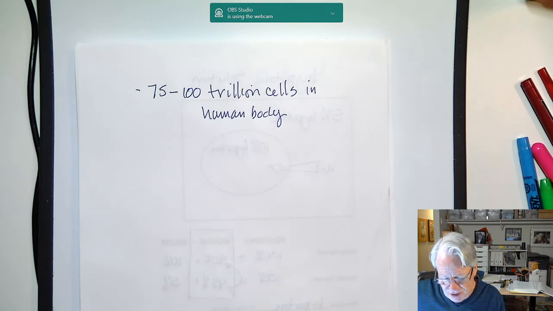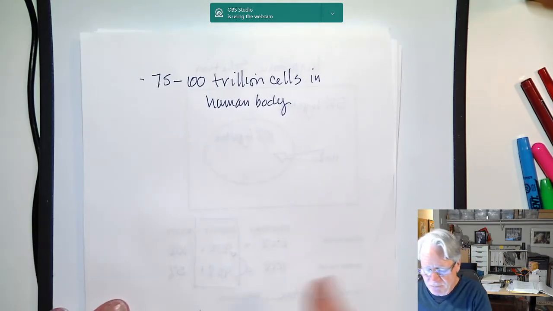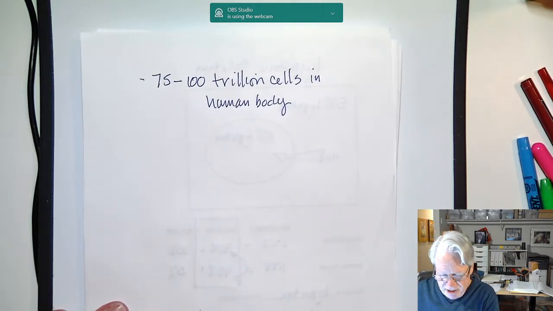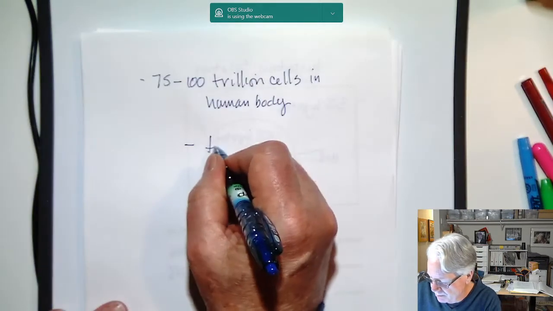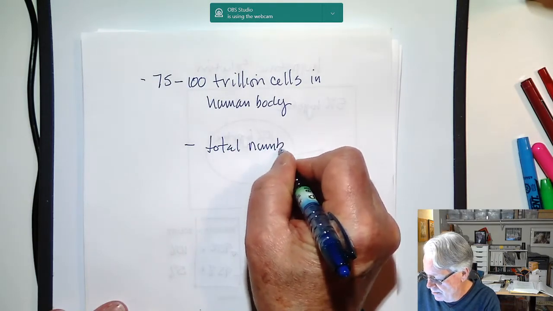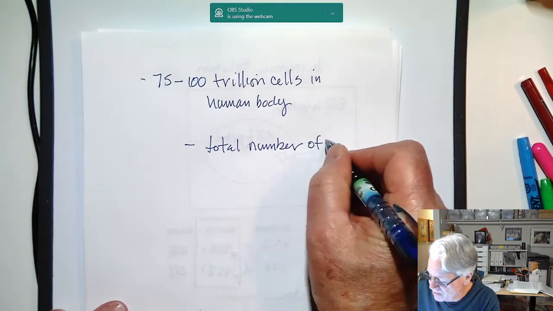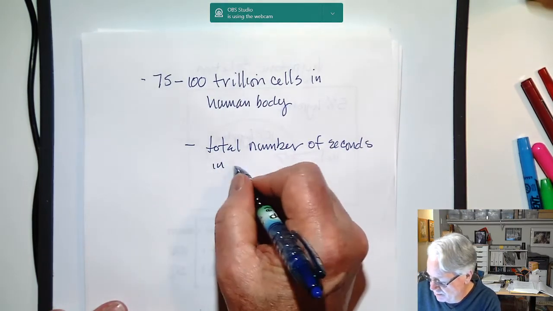So how big is that number? Well, I did a little bit of math, just to give you an idea of the size of that number, try to relate it to something that you might be able to visualize. And so what I asked myself is, what is the total number of seconds in 1 year?